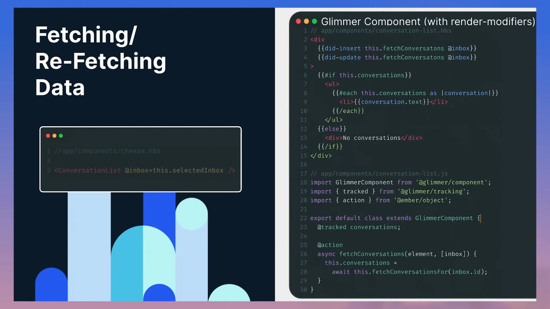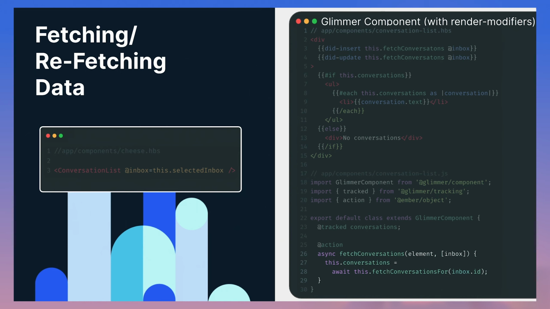So let's look at the render modifier version of that. Again, we have an extra div that we've wrapped around. We've been through that three times now, so it doesn't need to be there. We have the unused element argument here.